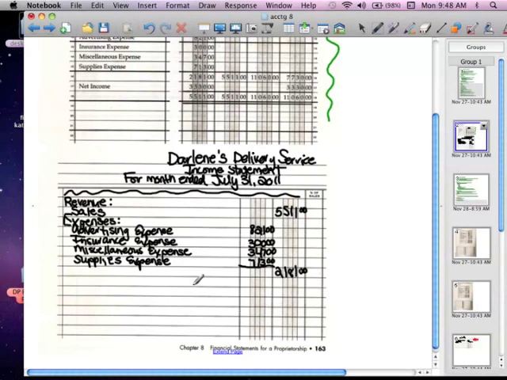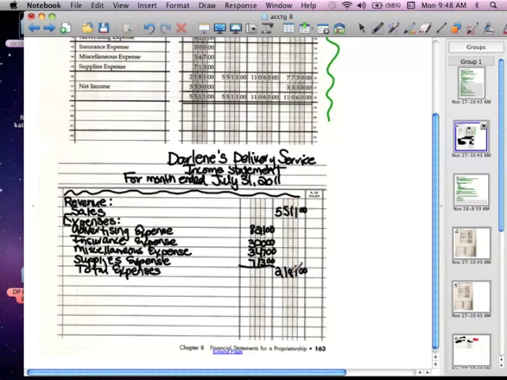So now going right over here, you're going to write total expenses. We have how much our revenue was, or our sales, up here. We just calculated our total expenses. And now we're going to figure out whether the business has a net income or net loss.